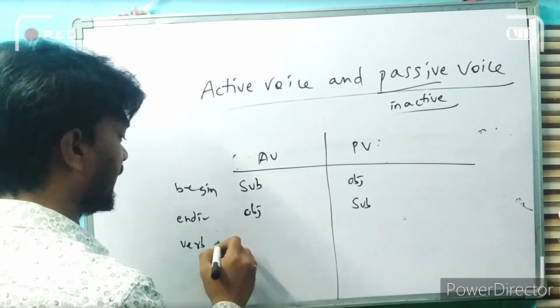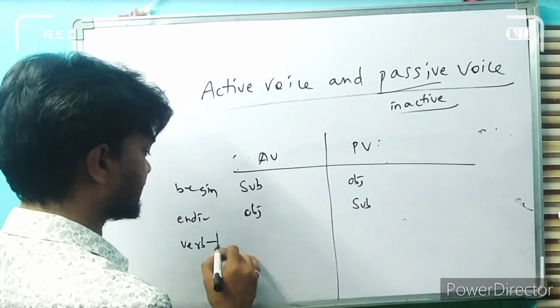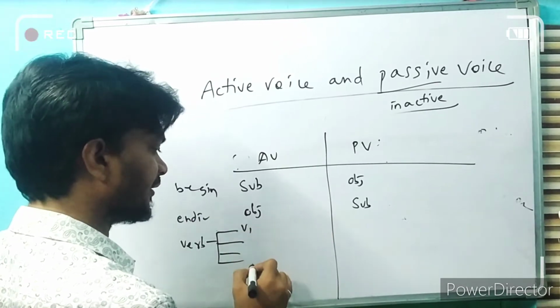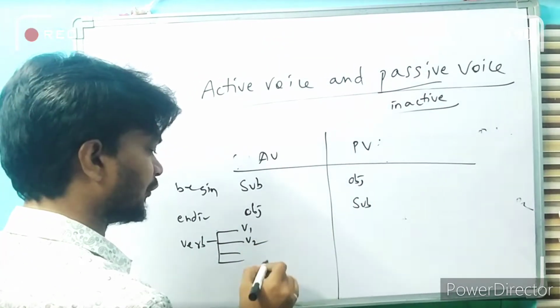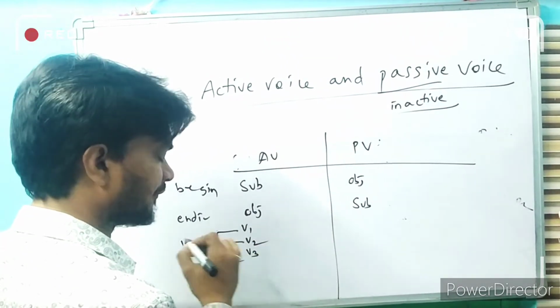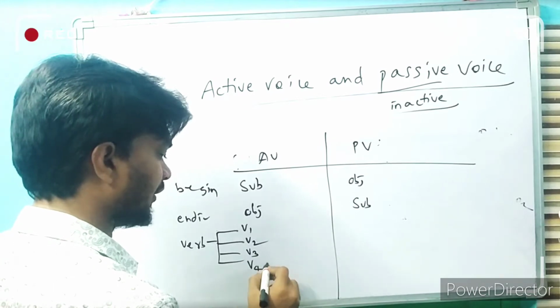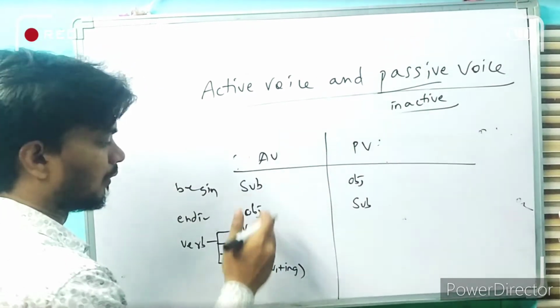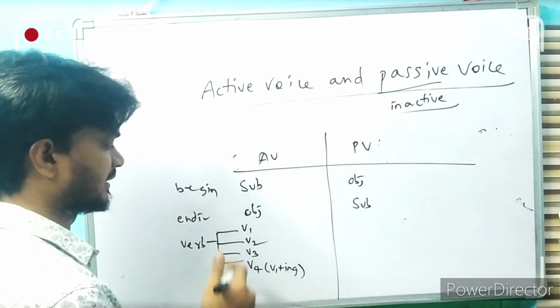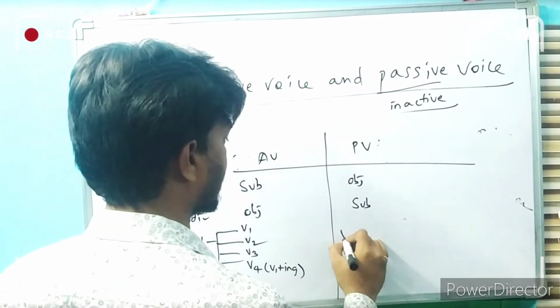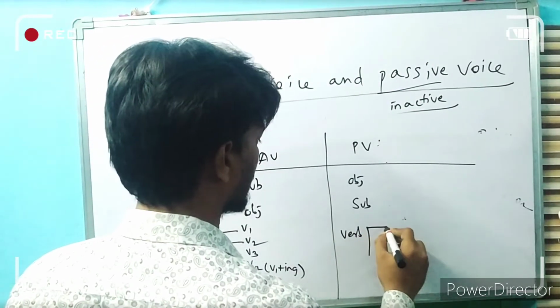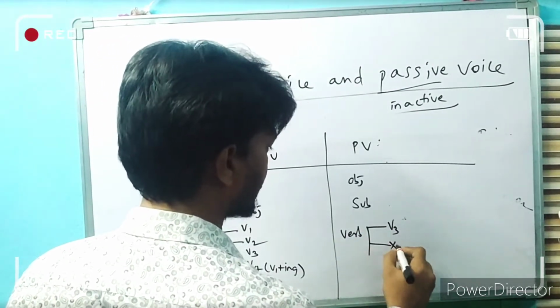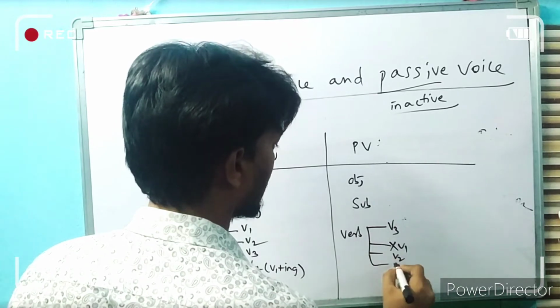Verb. Here, verb in the sense we use the main verb: V1 form present tense, V2 form past tense, V3 form past participle, V4 form present participle. We use all these verb forms in active voice. But if it is passive voice, we use only V3. We don't use V1, V2, V4.